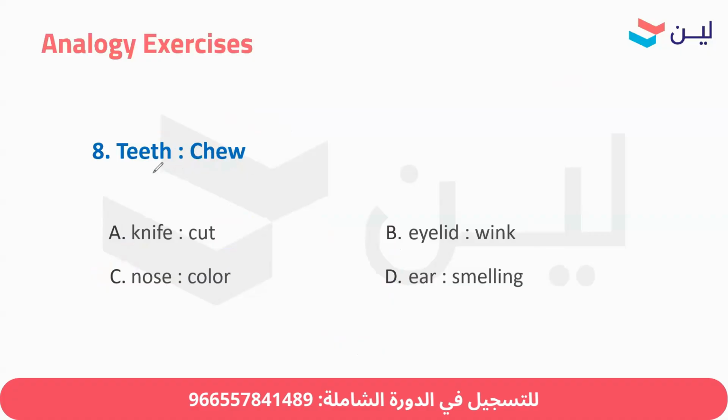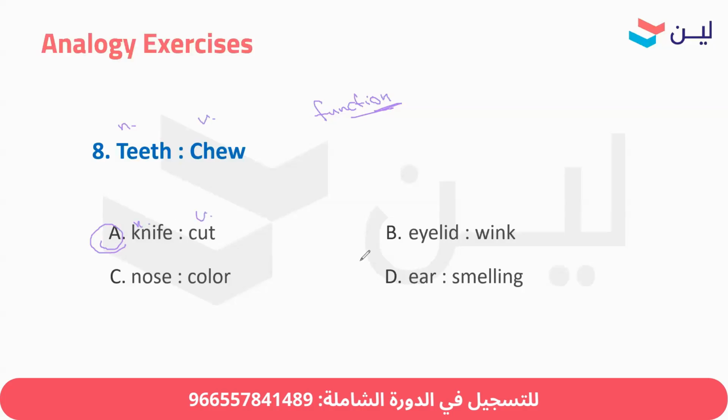We use teeth to chew, or the function, right? This is the function. What does it do? Okay. So we have... yeah, excellent. Good job. Knife is to cut in the same way. So we can say also that it's noun to verb here, right?